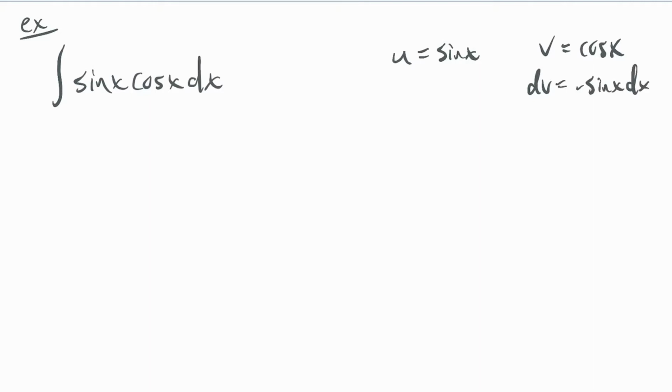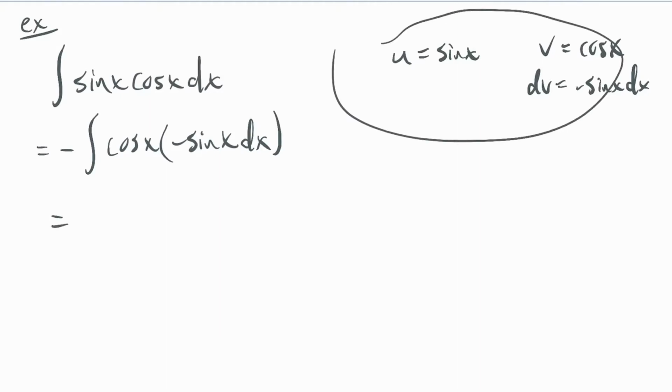Okay? So I'm going to have to borrow in order to do my change of variable. So this is negative integral cosine x times negative sine x dx. So I've got v and dv. This is not to be confused, of course, with integration by parts. I'm just pointing out there are two different options, and I don't want to use the same letter twice for two different things.